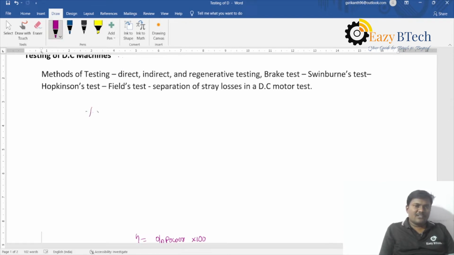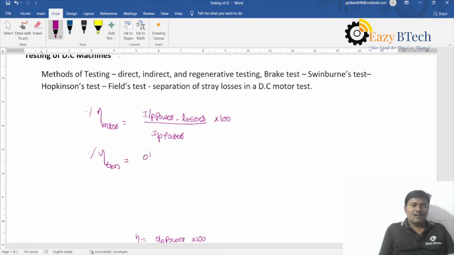For the percentage efficiency of a motor, the output power can be expressed as input power minus losses, divided by input power into 100. For the efficiency of a generator, it is output power divided by output power plus losses.